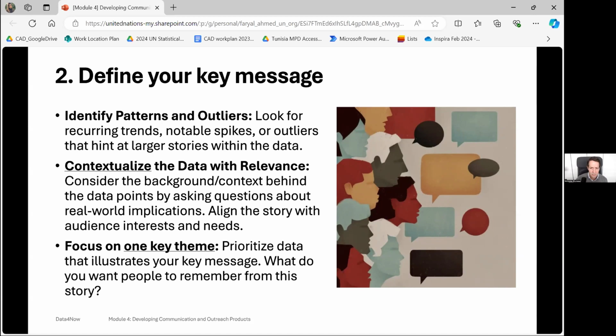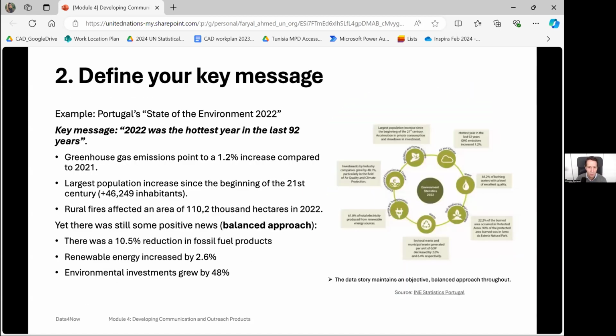So in the next slide, we'll see, for example, one data story that comes from Portugal, where I'm living right now, which was the state of the environment in 2022. Their key message was, backed by data, that 2022 was the hottest year in the last 92 years.